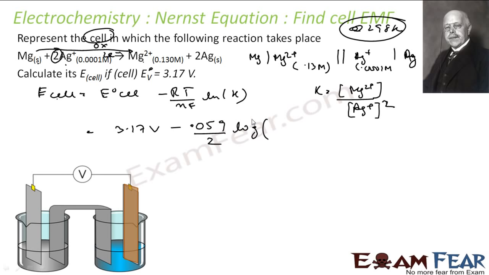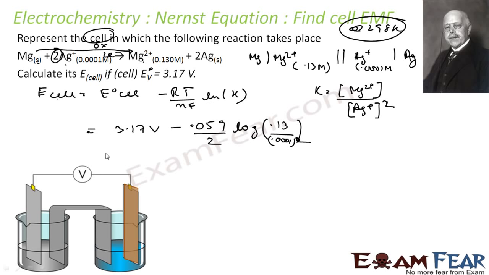So let's put the value here. Mg2 plus is 0.13 by Ag plus, which is 0.0001, and this is squared. Correct? This becomes log, because we have seen the formula E is E naught minus 0.059 by n log K. So we have used that formula here.